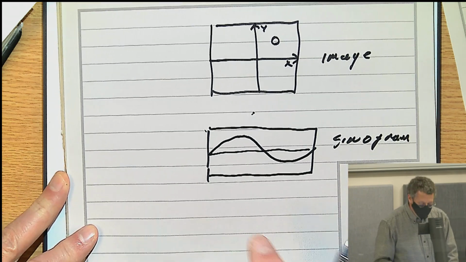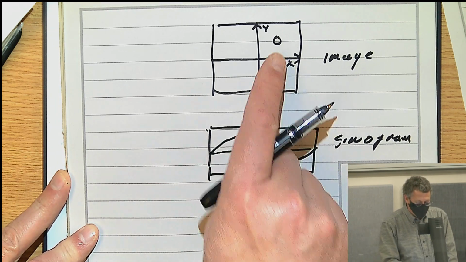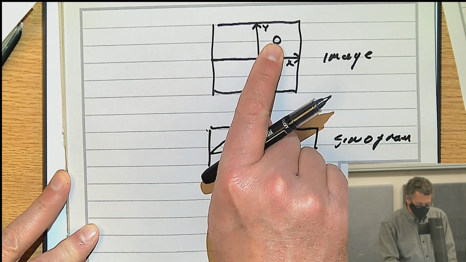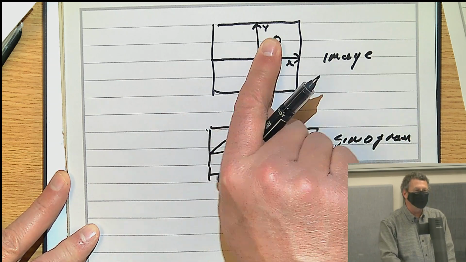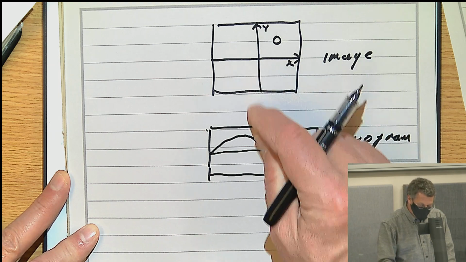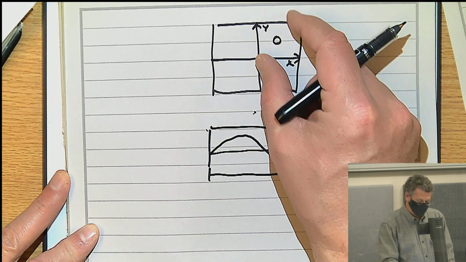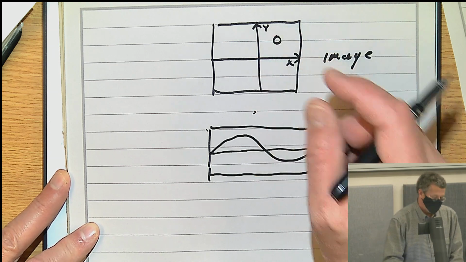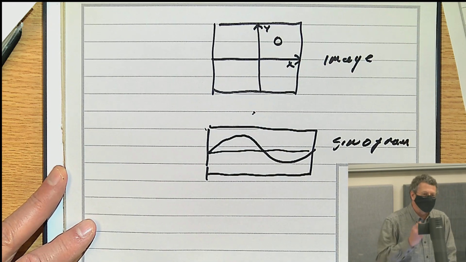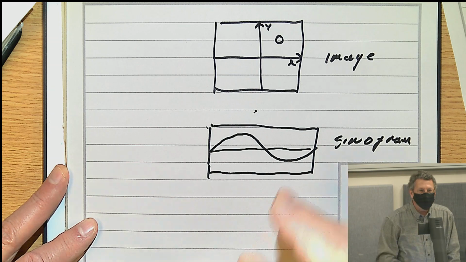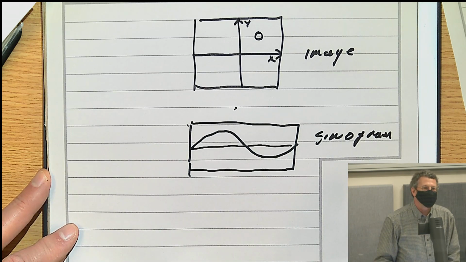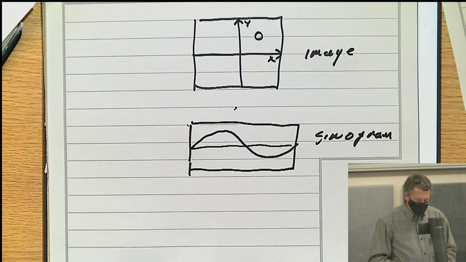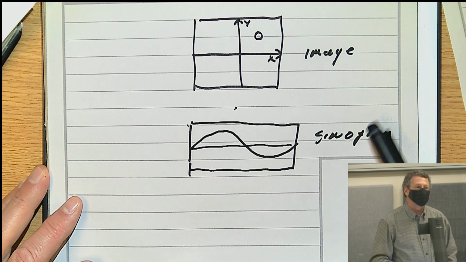By the way, the phase of the sine wave is determined by the angle of this object relative to the coordinate system. And the amplitude of the sinogram is determined by the distance from the center of rotation. Okay? So it's almost like a polar coordinate transform. And sinograms are a little bit like Fourier transforms in the sense that you can transform between the image space and the sinogram space and back.